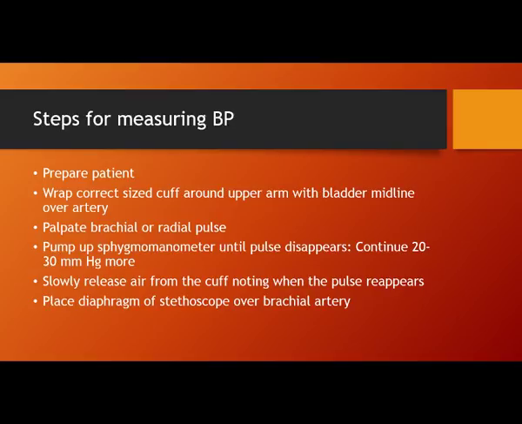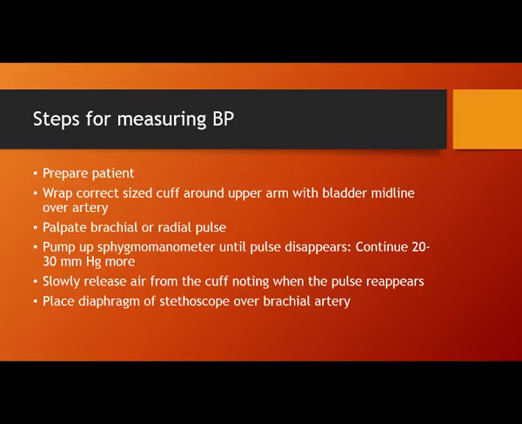Then you palpate either a brachial or radial pulse and keep your fingers on that pulse. Start pumping up the cuff until you feel that the pulse disappears, and then keep going. Don't move your finger. Keep going 20 to 30 millimeters more.